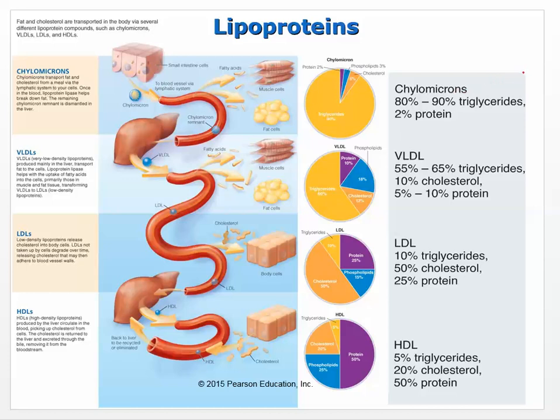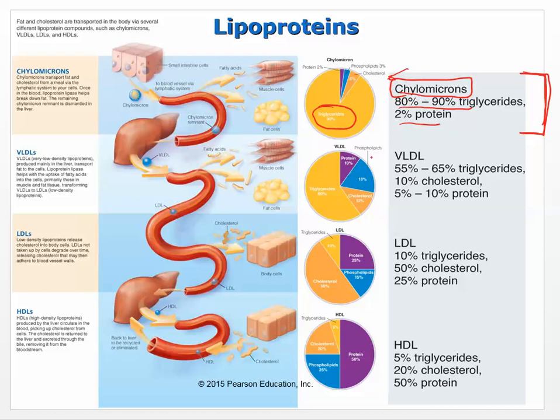They have to be absorbed. And so immediately what the epithelial cells of your intestine do is form this little thing called a chylomicron. And that chylomicron has a lot of the triglycerides. The yellow here are triglycerides. So that's like 80 to 90% triglycerides, and then about 2% protein. And you can see there's a little cholesterol in there. And of course, the whole thing is surrounded by phospholipids.